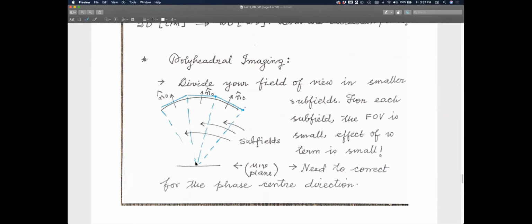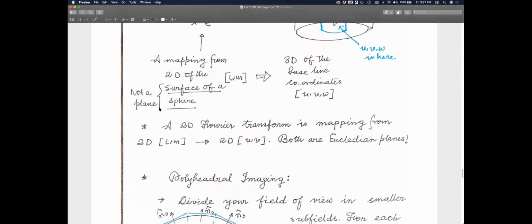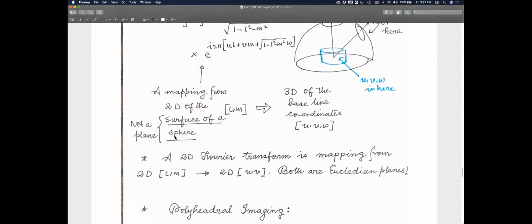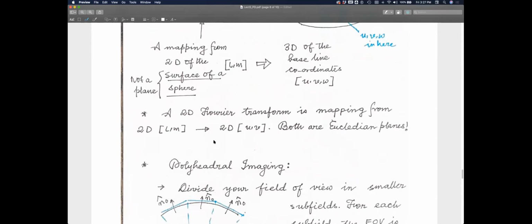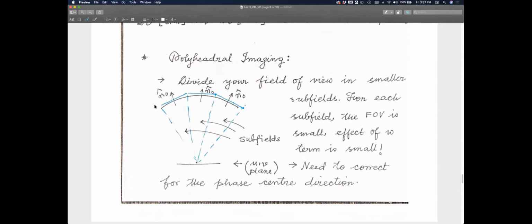And I imagine that I am looking at the center of this subfield, and I project my sky on a tangent plane there. So what problem is solved? For that subfield, I am not anymore on the surface of a sphere. I am on a 2-dimensional Euclidean plane. So that problem is solved.